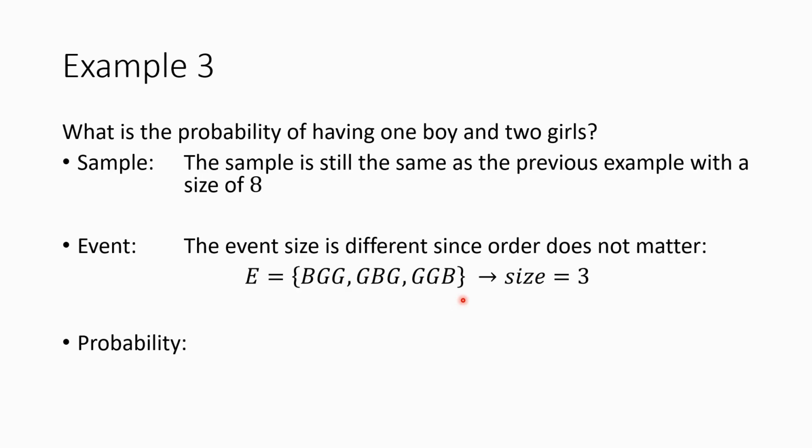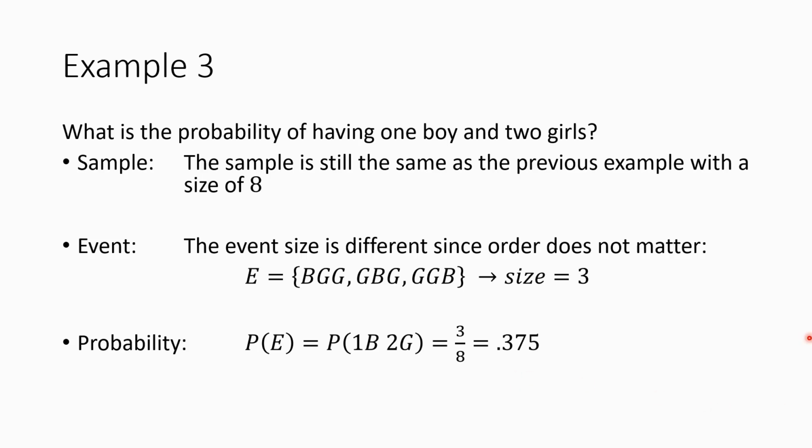Since 3 of our 8 outcomes fit our criteria, we have a different probability. Our probability now becomes the size of our event, having 2 girls and 1 boy. There's 3 possible outcomes for that, out of our 8 possible outcomes for our sample space, giving us a probability of 0.375 or 37.5%.